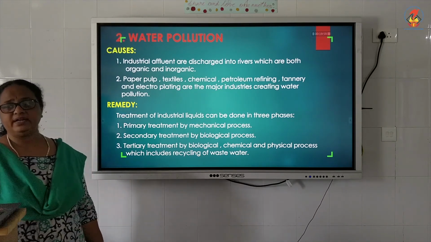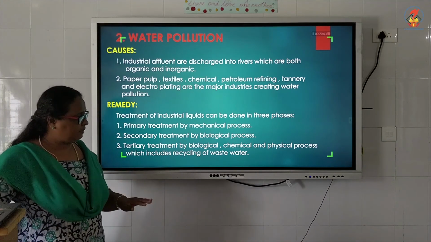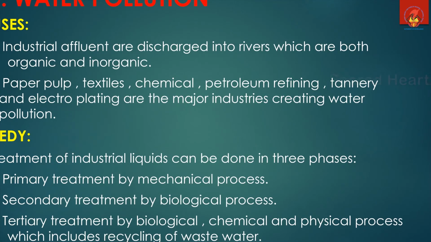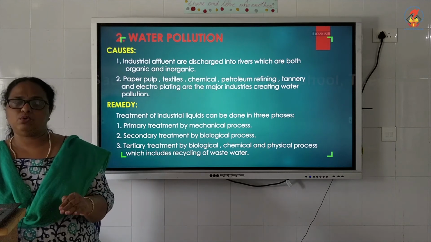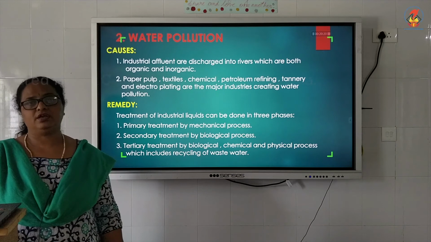And the third one is the tertiary treatment by biological, chemical and physical processes, which includes recycling of waste water. Ultimately, the refined, pure water is discharged into the river.